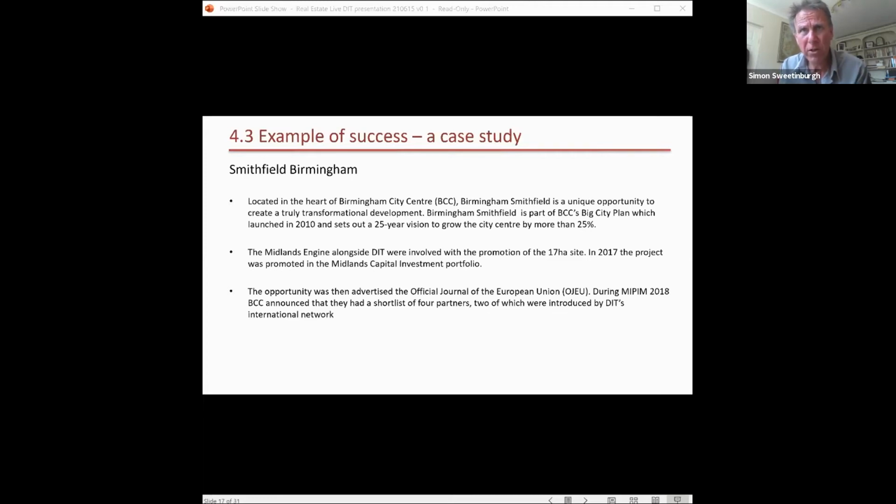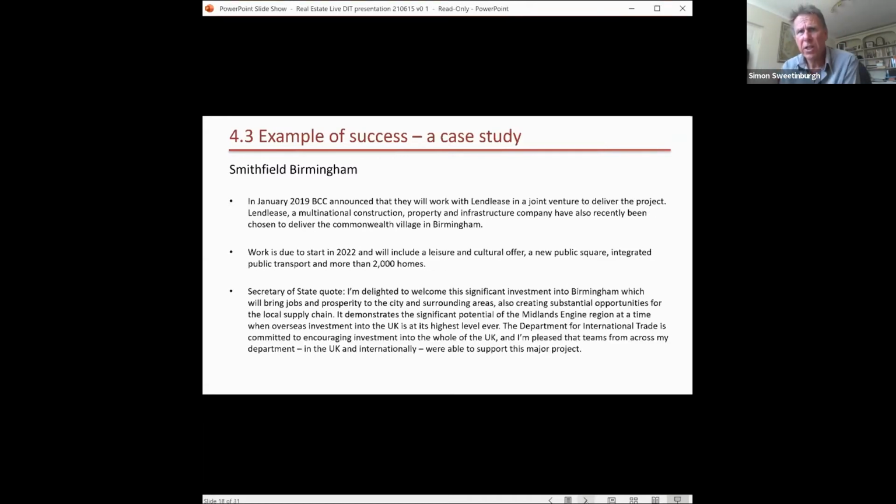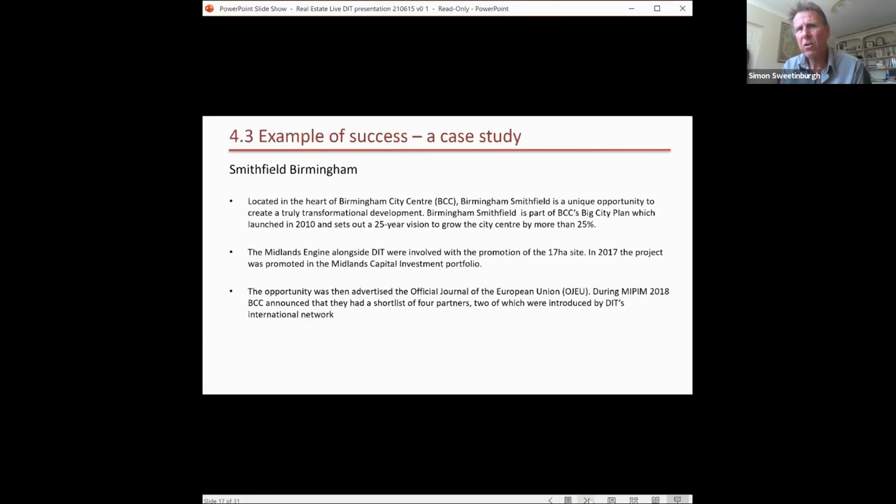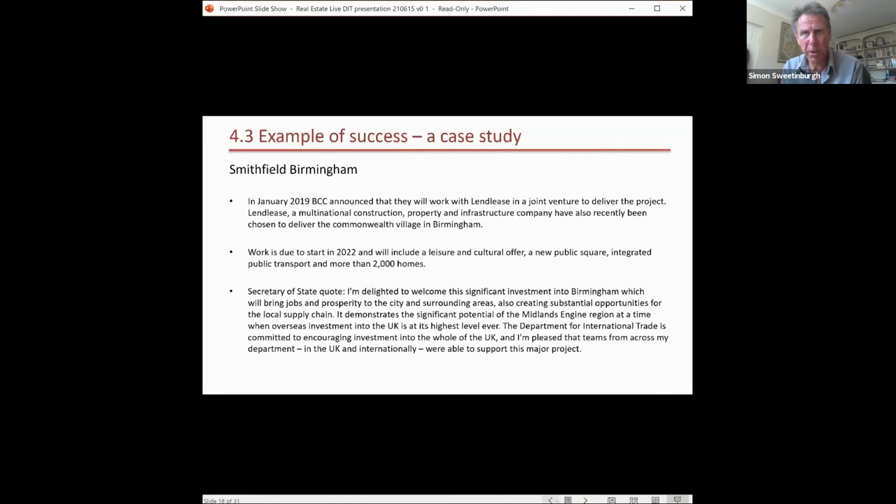We work best if we know that this is coming, so we can work during the months prior to expressions of interest and so on to warm up the market, to warm up those investors that we think this type of project would appeal to, and support them through the competitive process, obviously from an arm's length position. And very pleased to report that the successful bidder was one of the two that we had introduced to the project, Lend-Lease, who have gone on to undertake further projects in the Birmingham area.